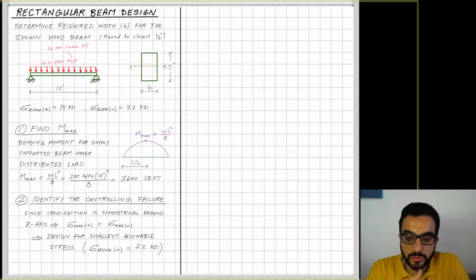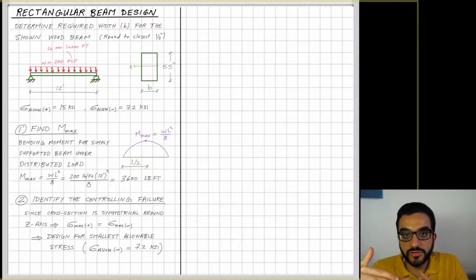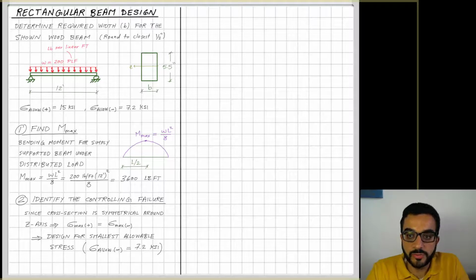So it boils down to really which stress limit will be reached first, because it's a symmetrical section. So always sigma top and sigma bottom are equal. So they will increase equally until one of them will hit the lowest limit I have. And in our case here, the lowest limit for stresses is the one on the compressive side, sigma allow negative. So this is the limit that I will design based on.